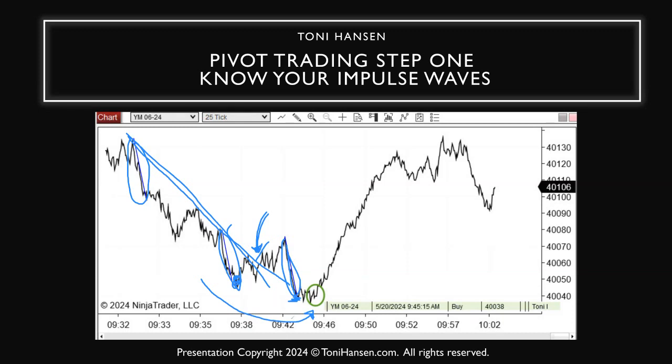So you might still be going to a lower low, but you've broken the trading channel at this point. That for me is a key indication that, hey, now I can start to look for reversal strategies.